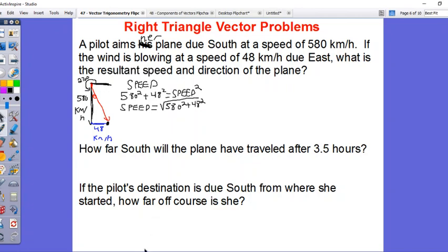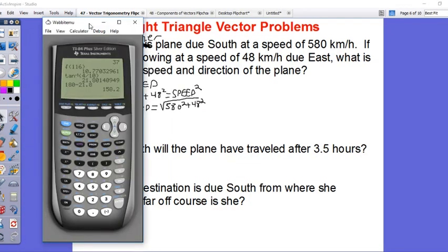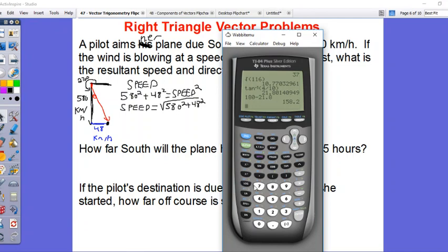So let's get out that trusty calculator and find the square root of 580 squared plus 48 squared. That's going to be 581.98.